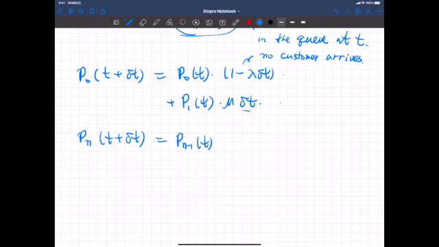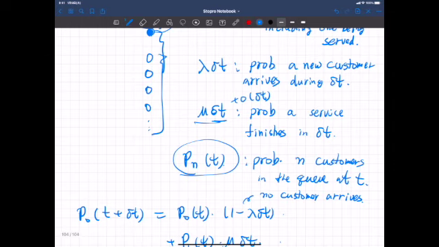The new customer should arrive, and that is lambda delta t. And also, at the same time, no customer should leave from the server, right?